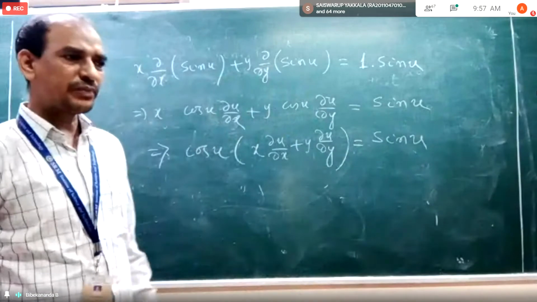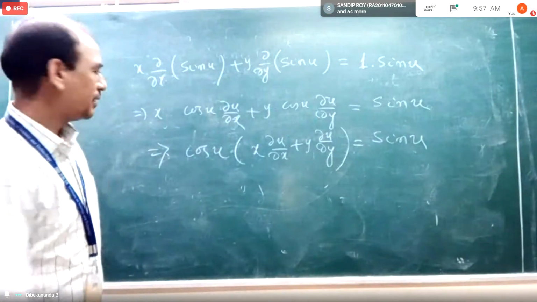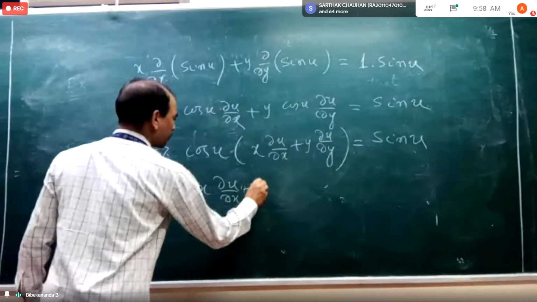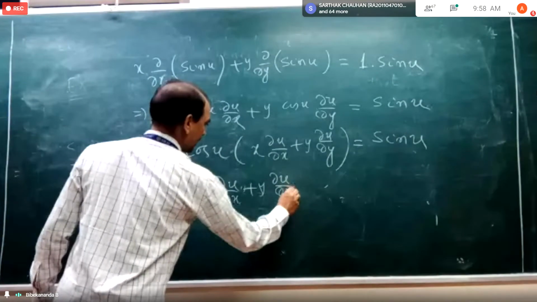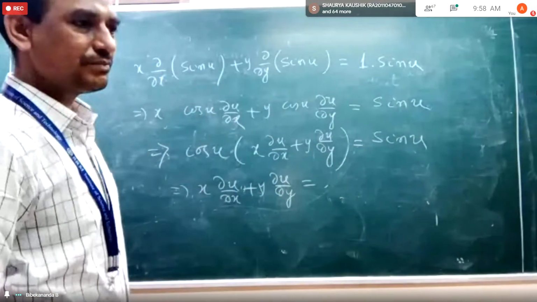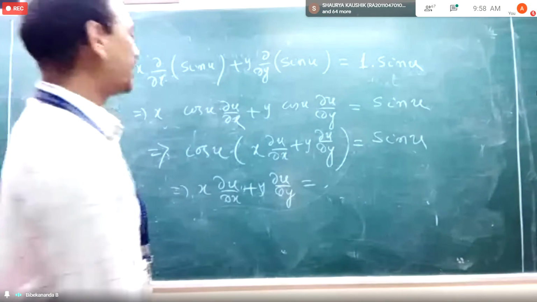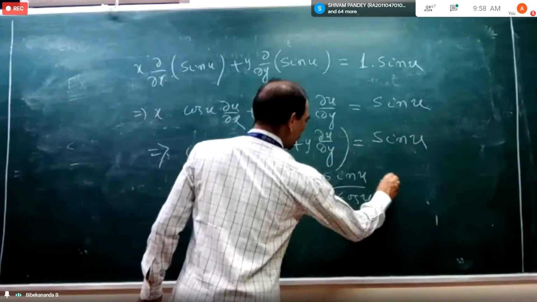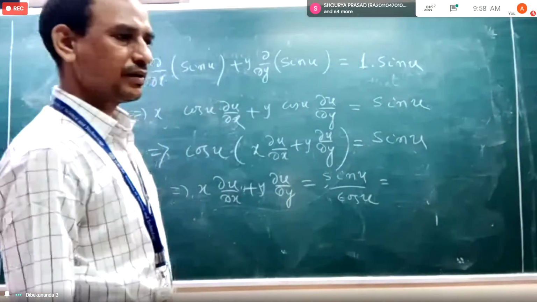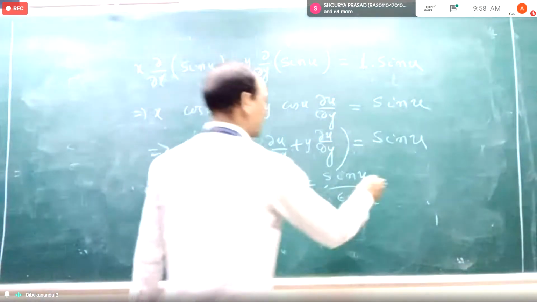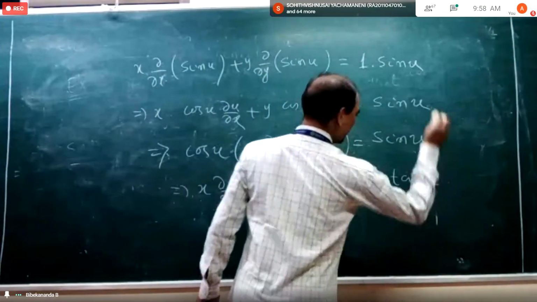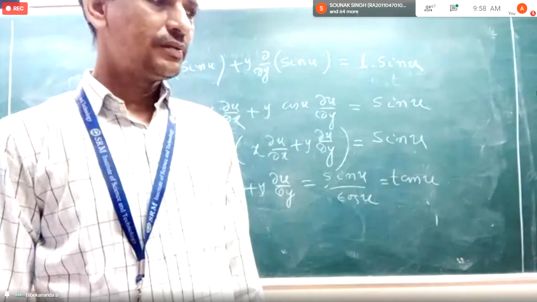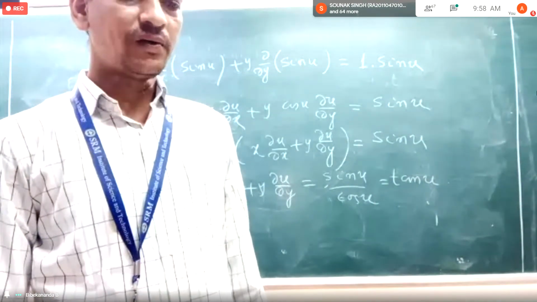Now what is our requirement? Our requirement is x dou u by dou x plus y dou u by dou y. What will be that value? Tan u. Nothing but sin u divided by cos u. Sin by cos is what? Tan. That is nothing but tan u. Understood? Yes, sir.